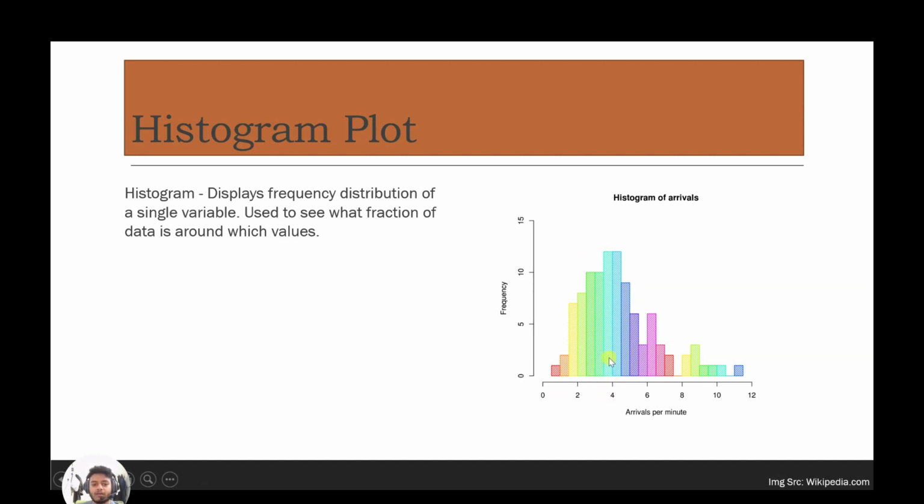We can assume that during this time our airport is very populated and the schedules are very busy, so the fare of flights will be high at that time, because this is when people travel and reach at the same time. This is the type of message you can convey using a histogram plot: at what time, what is the frequency of people coming into an airport, hotel or restaurant.